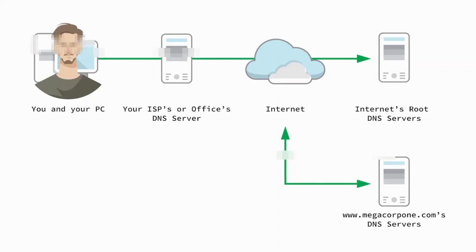The forward lookup zone is used to find the IP address of a specific host name, and the reverse lookup zone is used to find the host name of a specific IP address. Once the DNS recurser provides the DNS client with the IP address for www.megacorp1.com, the browser can contact the correct web server at its IP address and load the web page.